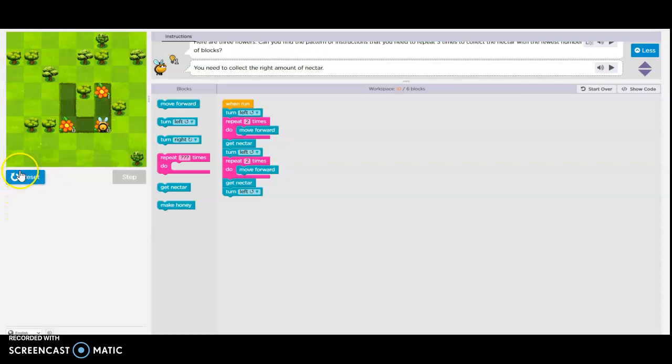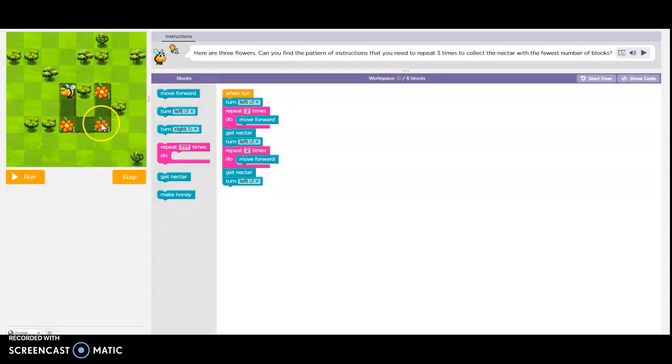So we're going to reset. It was facing that direction, and then it moved forward when we were over here, so then we're up to here. Then when we already collected the nectar, and we turn, we have 2 more blocks that we have to use to get to the nectar and go to our next level.